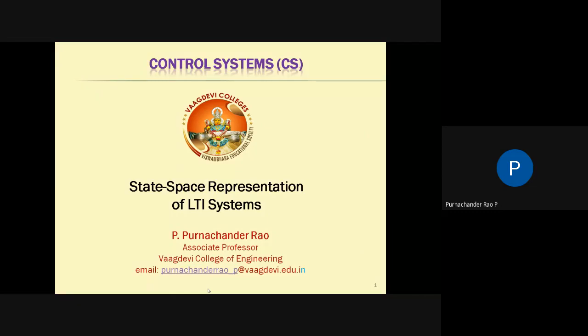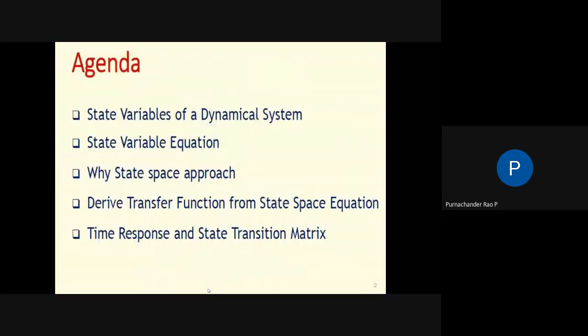Okay. So we'll discuss the state space representation of linear time invariant systems. In this, we are going to deal with the state variables of a dynamical system.